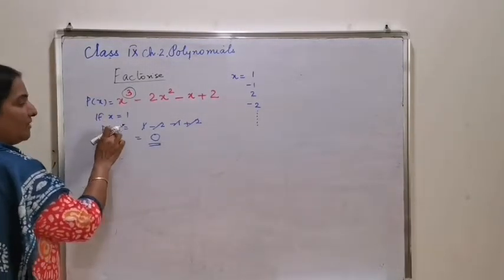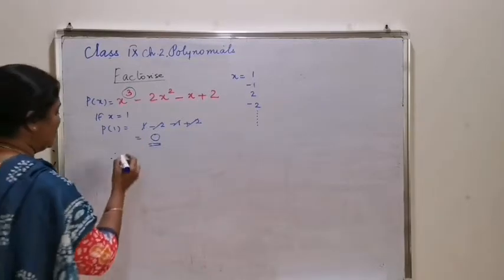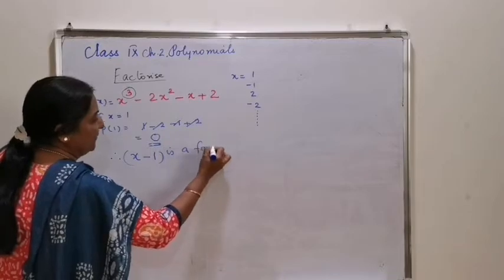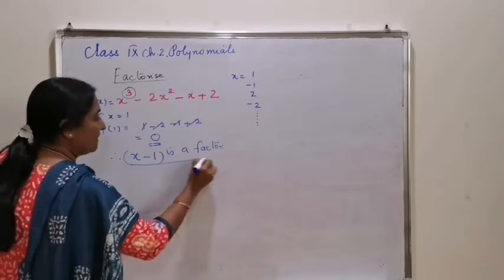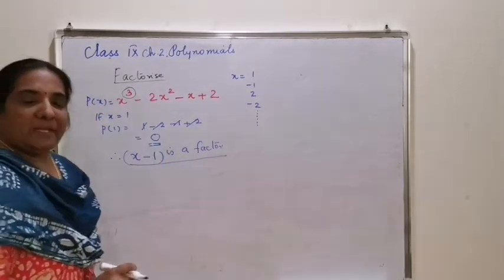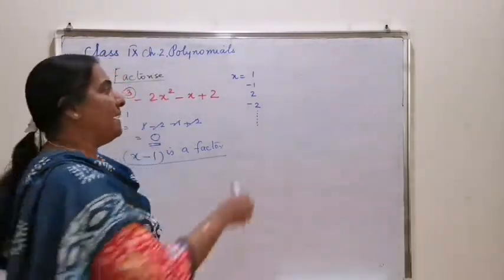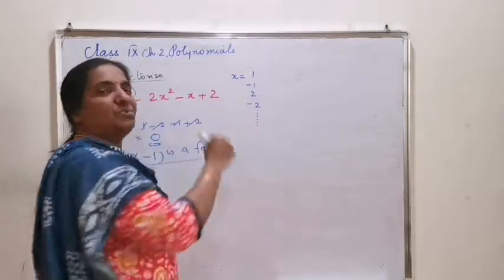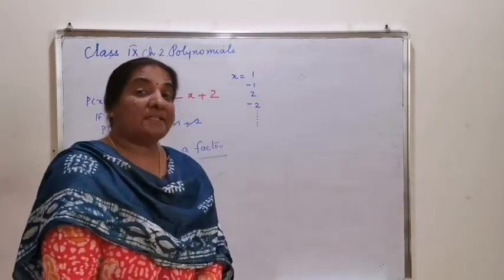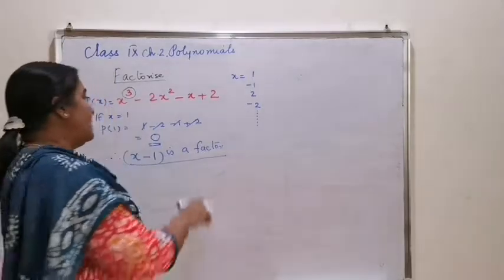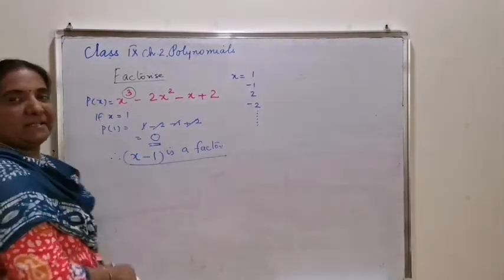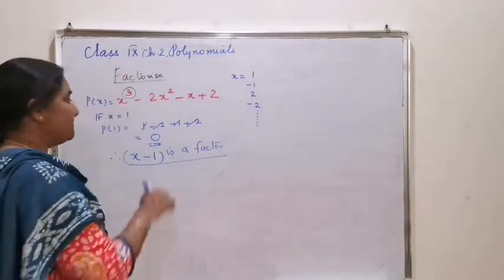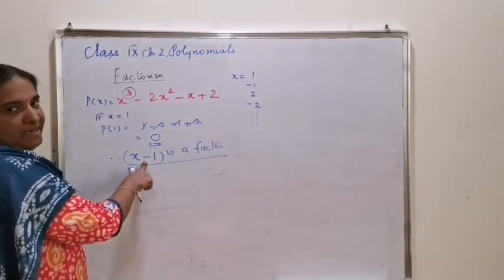Therefore, p of 1 is 0, which means x minus 1 is a factor. In some questions, you may have to try with minus 1, 2, minus 2 and so on till you get the first value of x which makes the polynomial a 0 polynomial. So here, one of the factors is x minus 1.